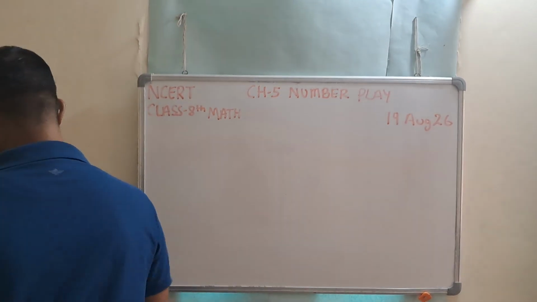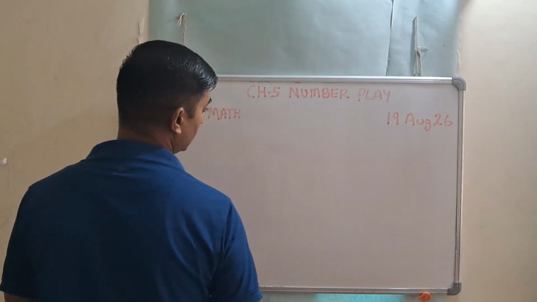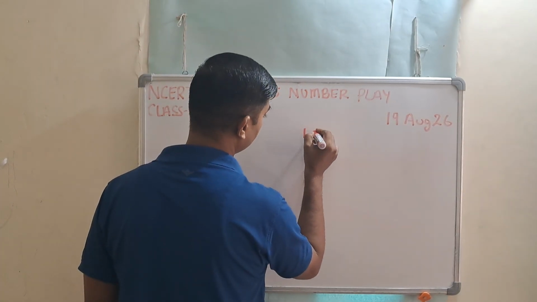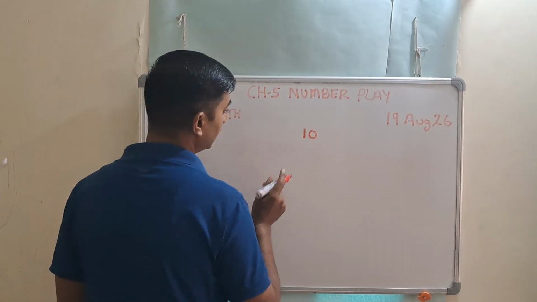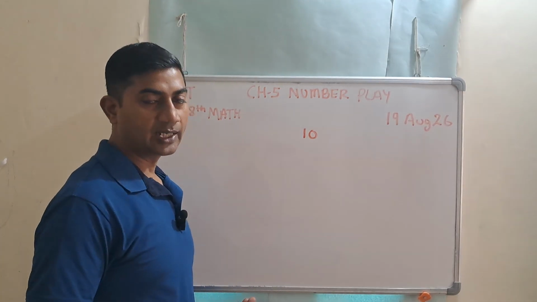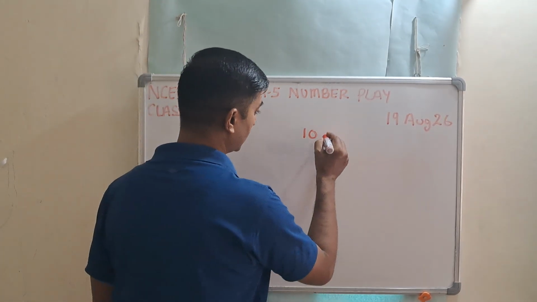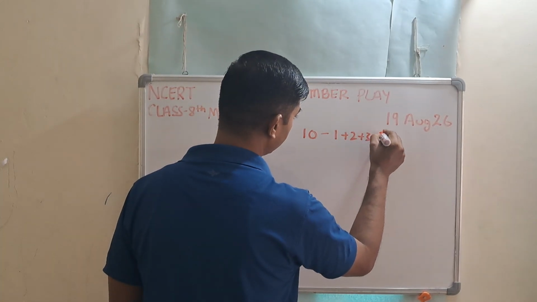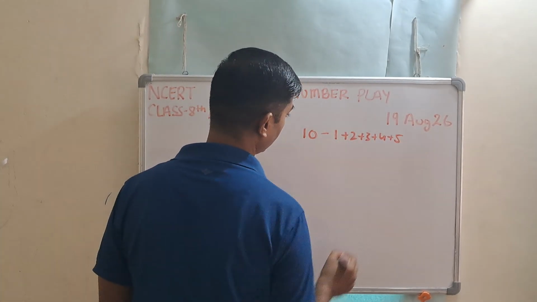Is it possible? Now see, if we take 10, we have seen that 10 can be represented as the sum of consecutive numbers 1 plus 2 plus 3 plus 4. Understood?